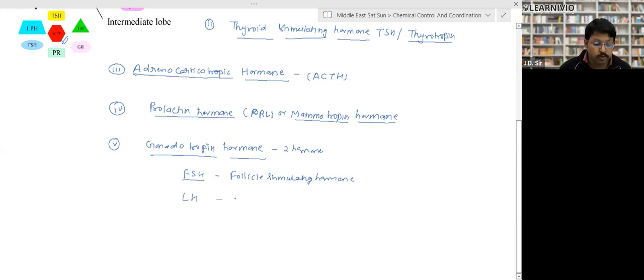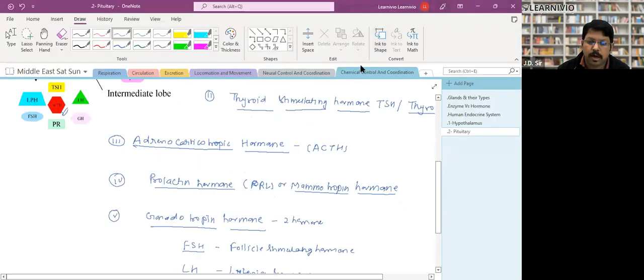LH, luteinizing hormone. It stimulates the secretion of progesterone and androgen.